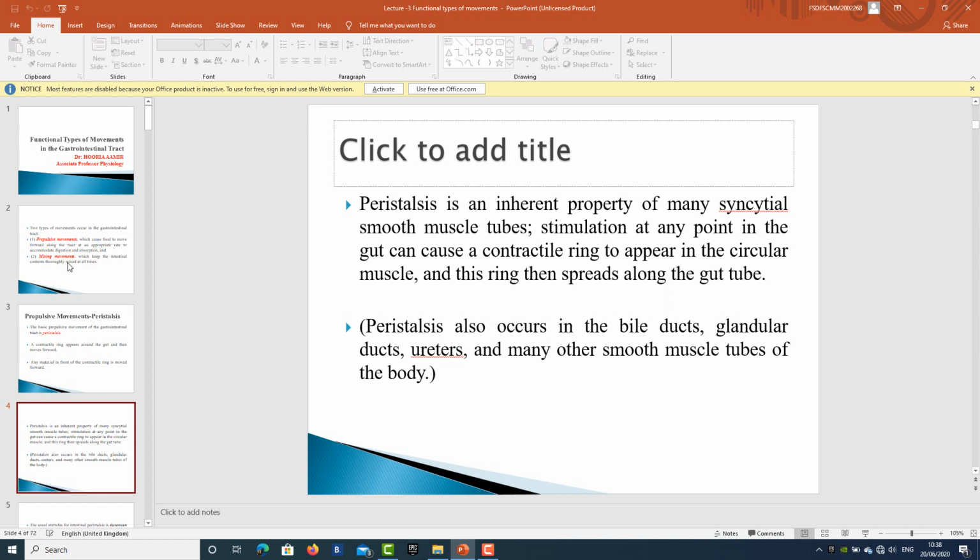Peristalsis also occurs in bile ducts, glandular ducts, ureters, and many other smooth muscle tubes of the body. So it is there wherever smooth muscle tubes are present in the body.